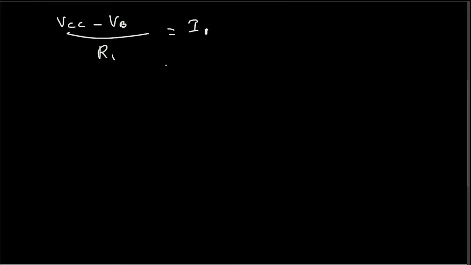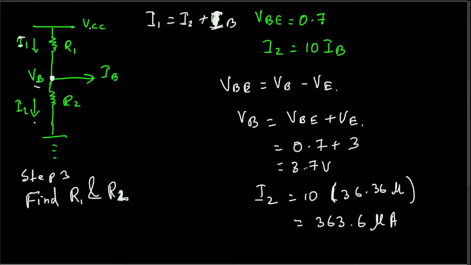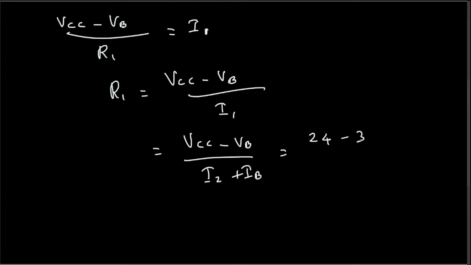If we rearrange this in terms of R1 resistance, R1 is equal to VCC minus VB divided by the current I1. Instead of I1, I'm plugging in I2 plus IB. So this is going to be VCC minus VB divided by I2 plus IB. VCC is known, that's 24 volts, minus VB is also known, that is 3.7 volts, divided by I2 plus IB.